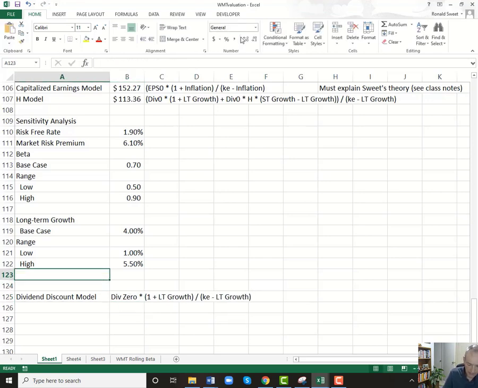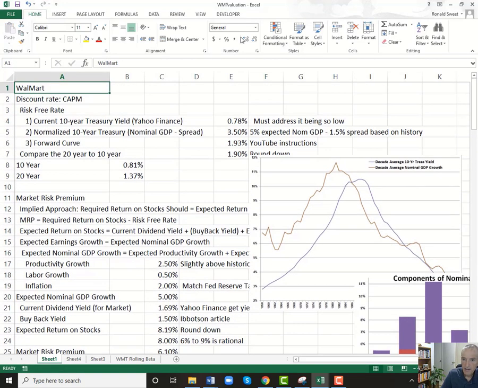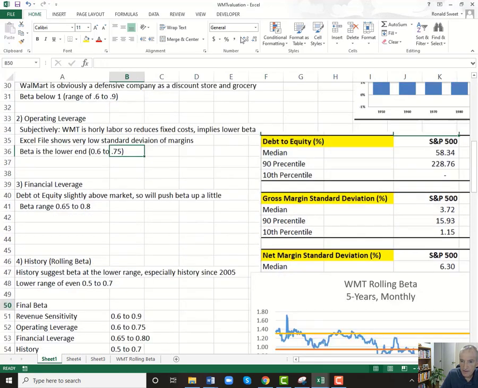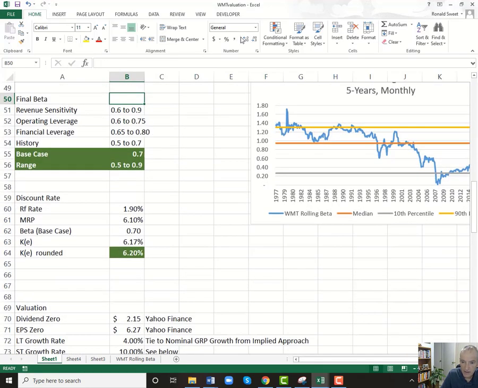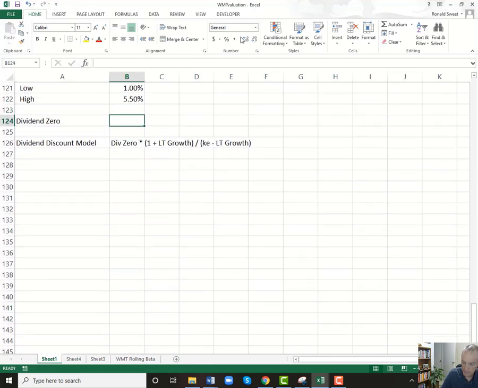So we need to have dividend 0. So dividend 0, we got that early on somewhere. I have to go back and find it. Here it is. Dividend 0 is $2.15. So there's our dividend.